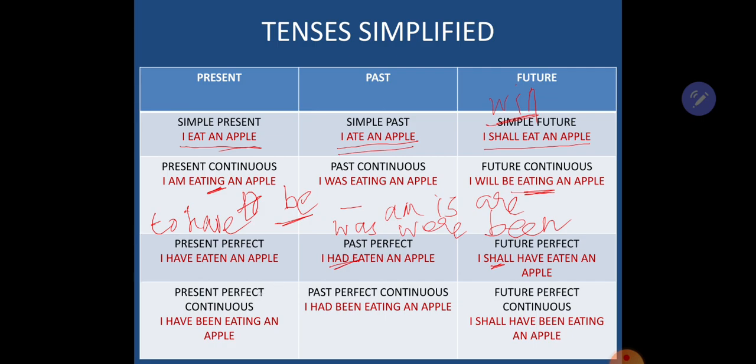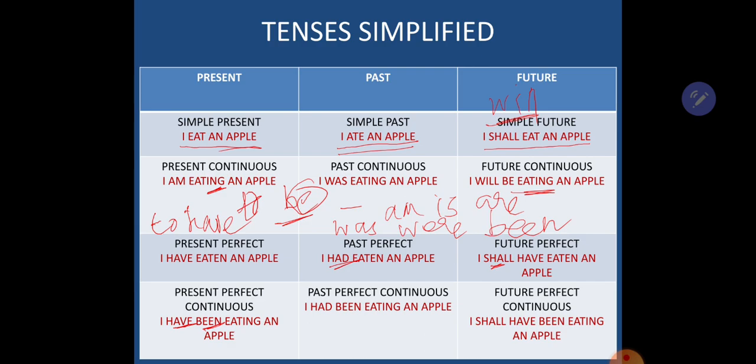Last, present perfect continuous tense. Have is the present form of the verb to have. Been is the past participle of the verb to be. So, it suggests perfect condition.